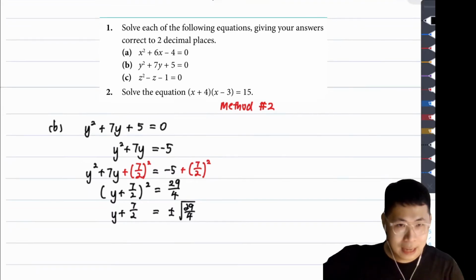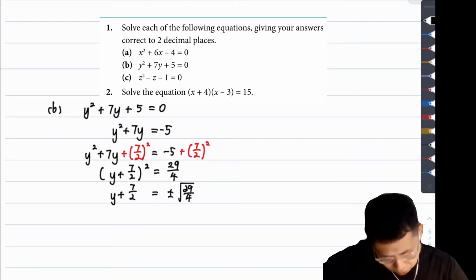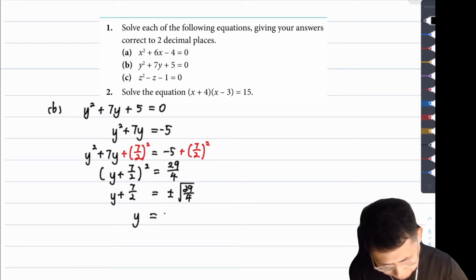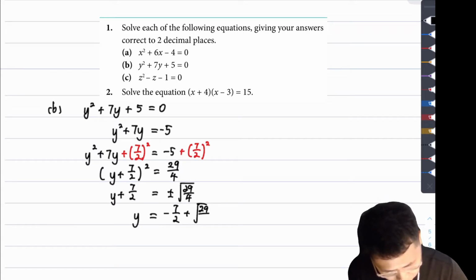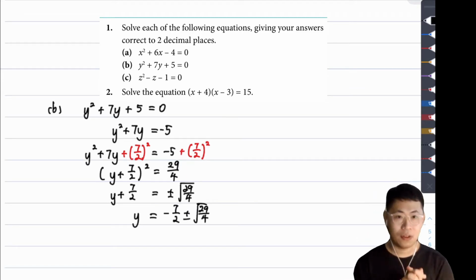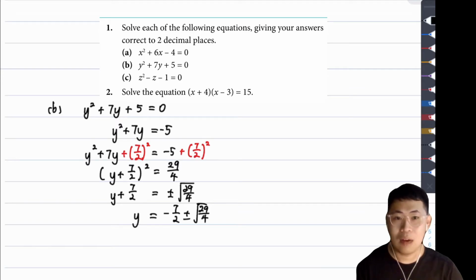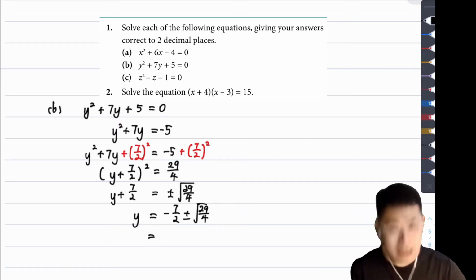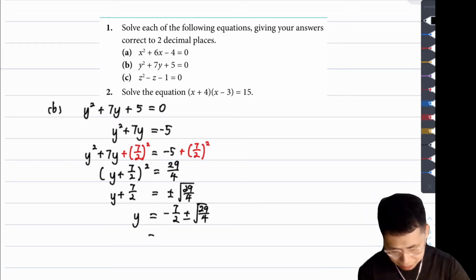Then we bring the 7 over 2 over, so we have negative 7 over 2 plus root 29 over 4, or minus root 29 over 4. Then we key in our calculator. We express the exact form first because we may need this some other day.